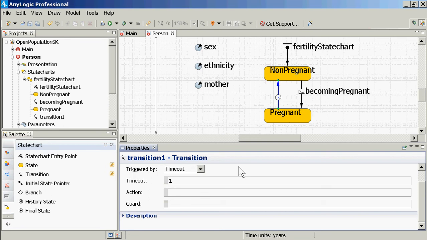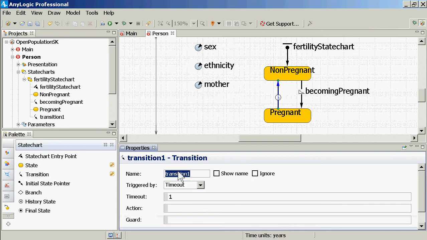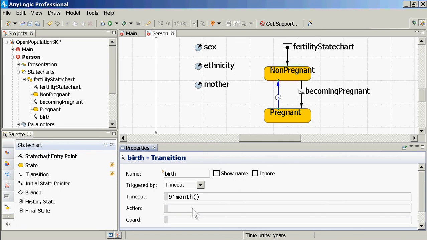It's going to be a birth, and it's going to be a timeout, ladies and gentlemen, of what? 9 months. 0.75, or we could just say 9 times month as the timeout. Or we could say 270 days or what have you, 270 times day, if you wanted to do that.